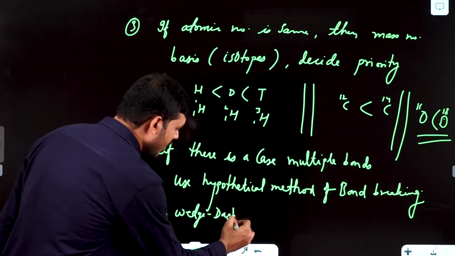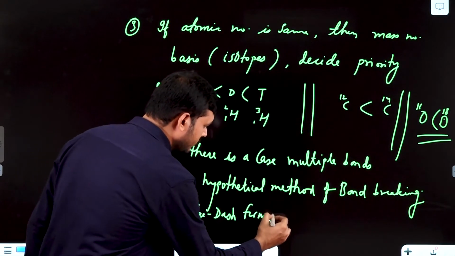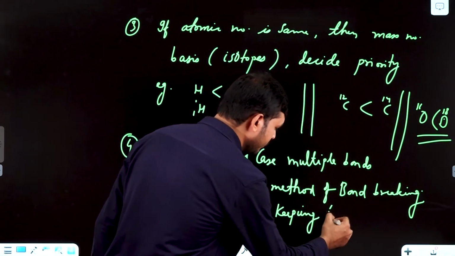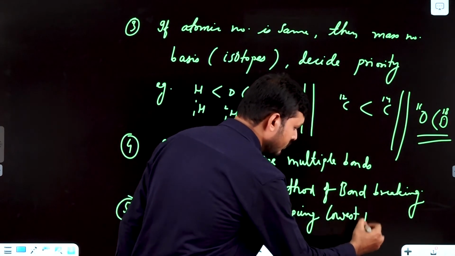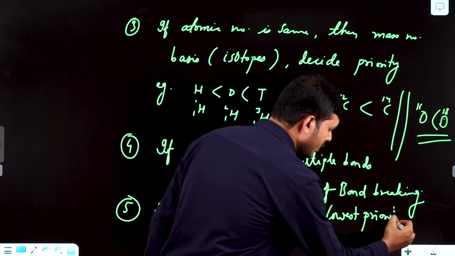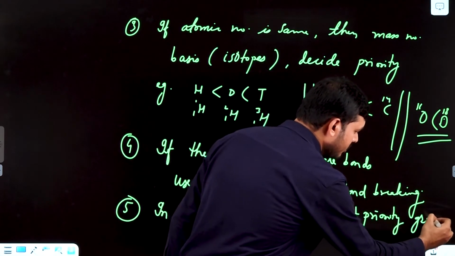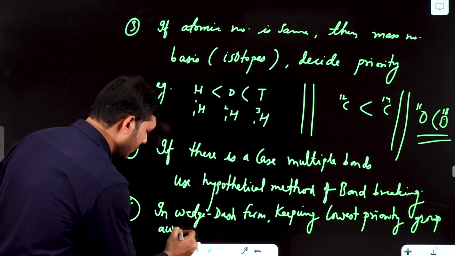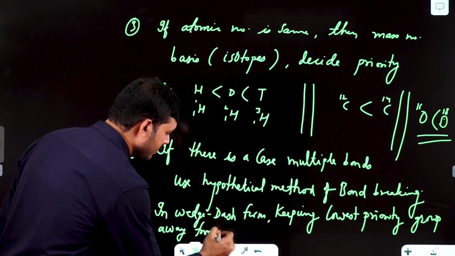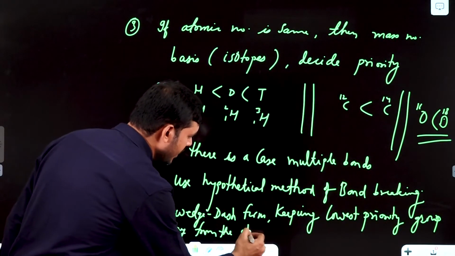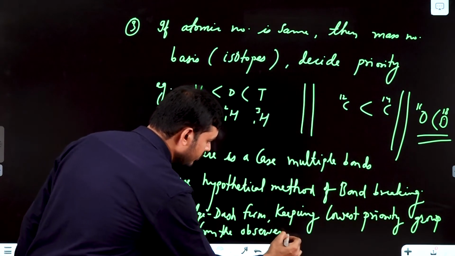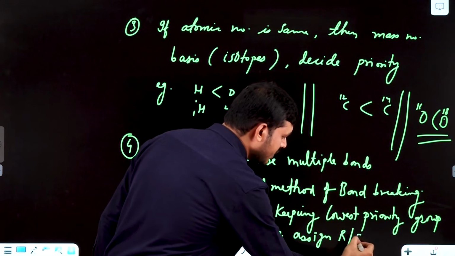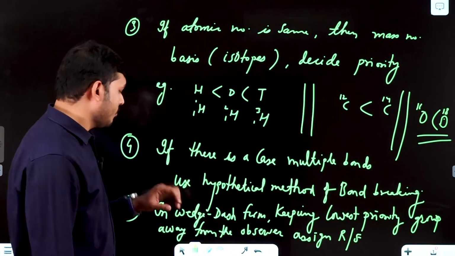In wedge dash form, keeping the lowest priority group away from the observer, assign RS. Now what is this?